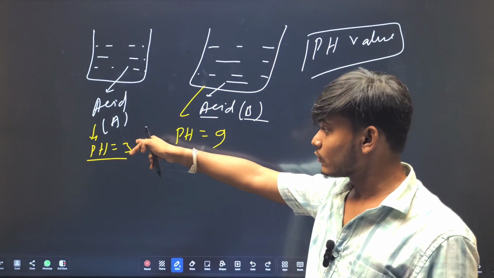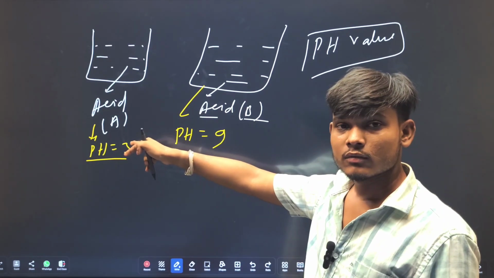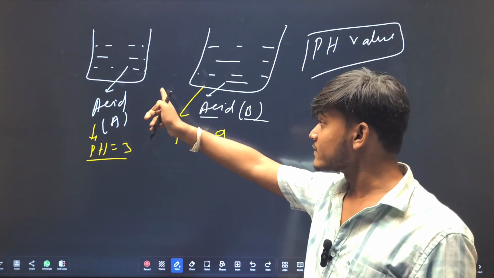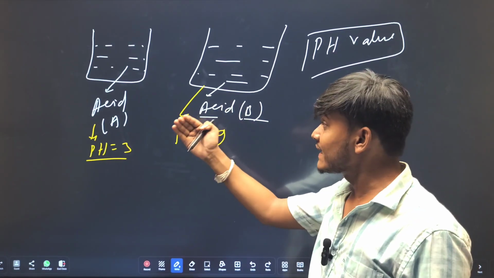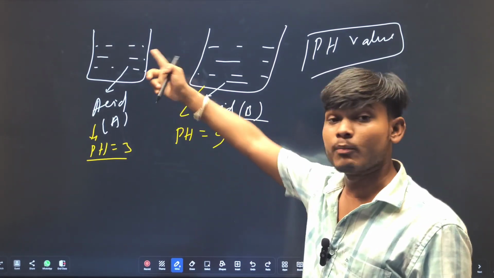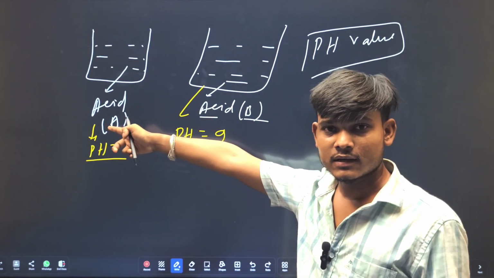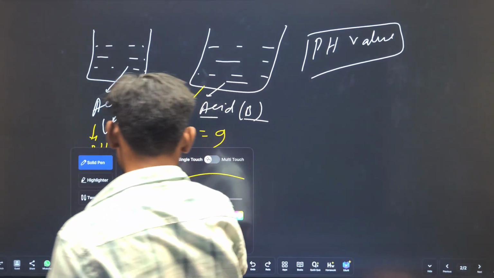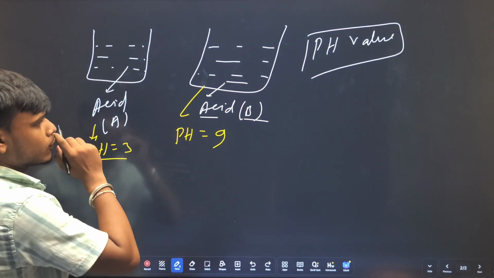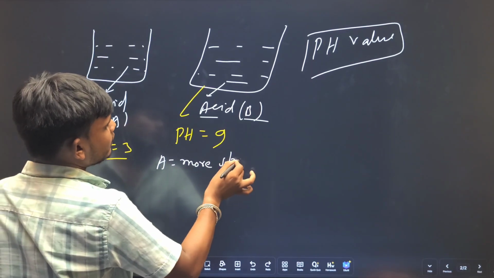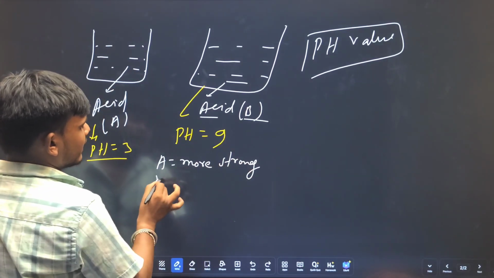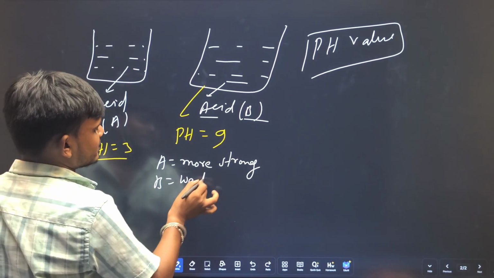Now I can identify which is a stronger acid and which is a weaker acid. Now I can relate the strength of both acids, and I know everything about pH. So I can conclude that acid A is stronger and acid B is a weaker acid.